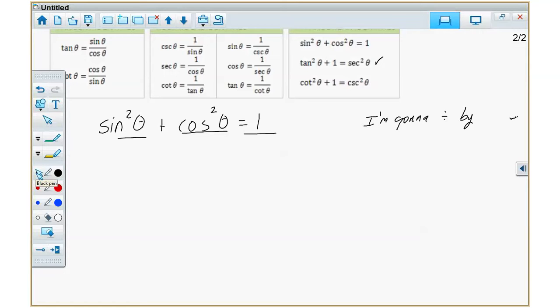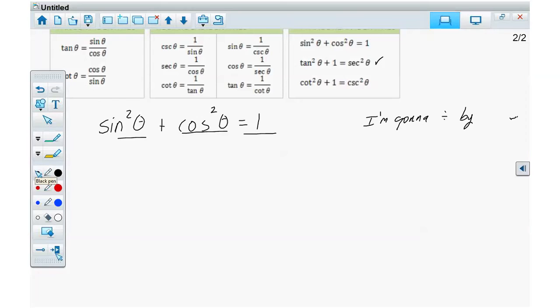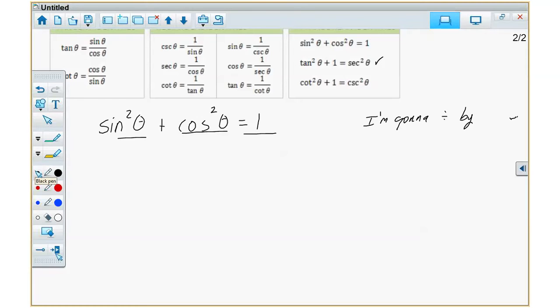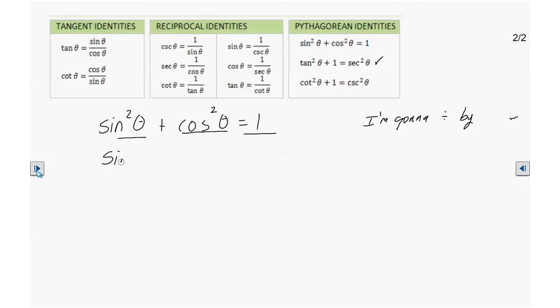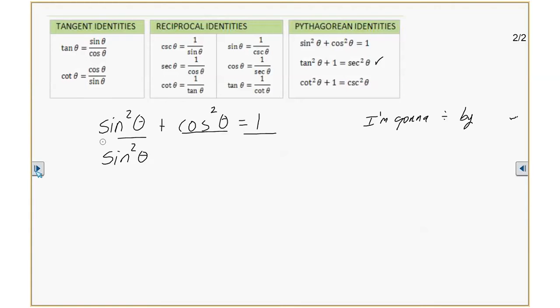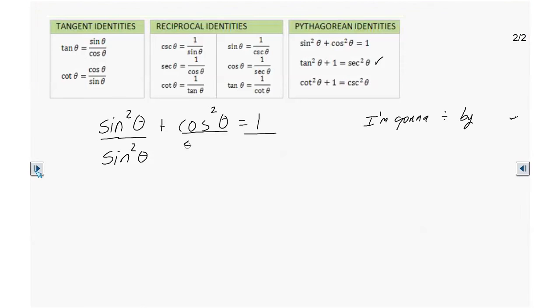I think I locked it down. The arrow won't move. Try this again. I don't have any idea what just happened.